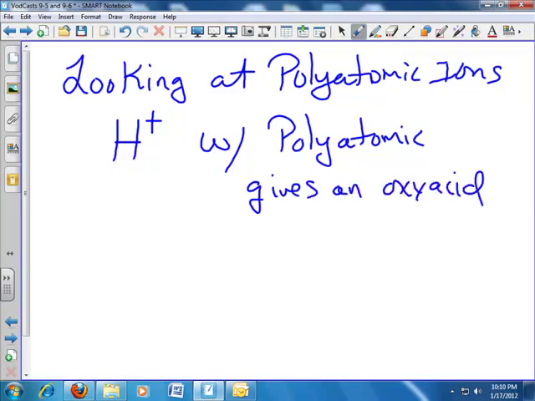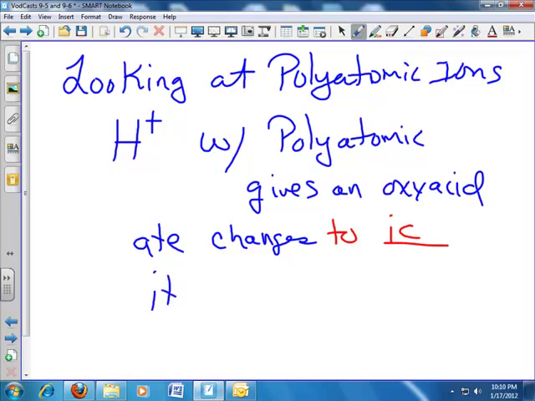I should be specific: that's what gives you an oxyacid. The polyatomic ions that end in ATE change to an IC ending. And if it's a polyatomic ion with an ITE, that changes to an OUS ending. And that's essentially what naming acids is.